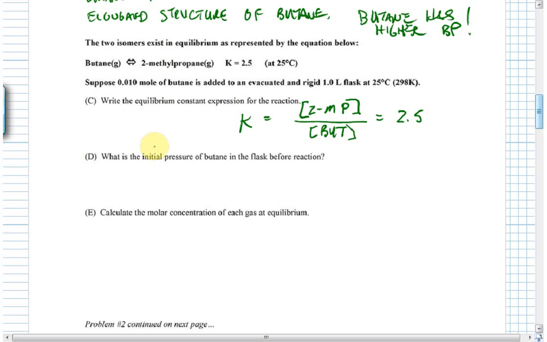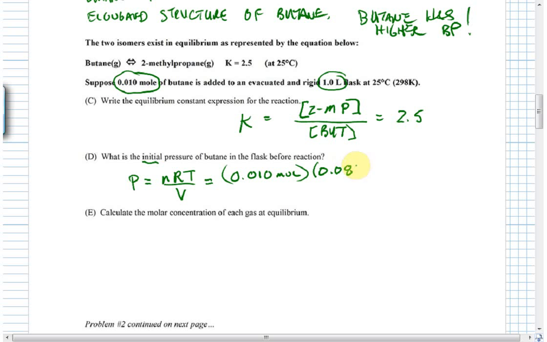What is the initial pressure of the butane? Pressure is equal to nRT over V. What do we know? I have this many moles of butane, I have this volume, so it's plug and chug time. 0.010 moles. R is the ideal gas constant.